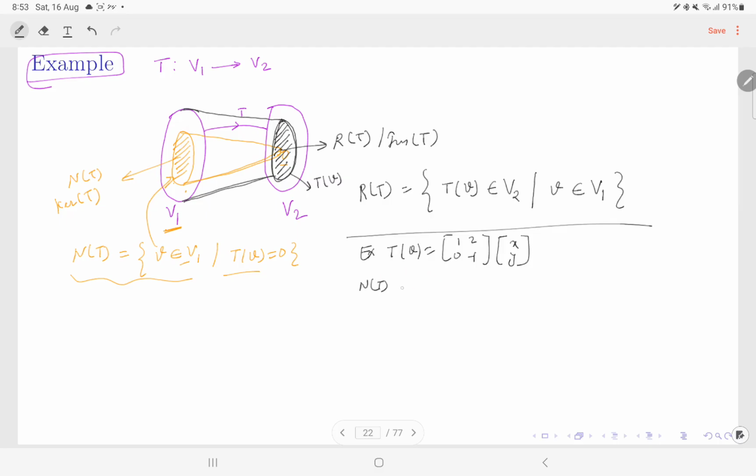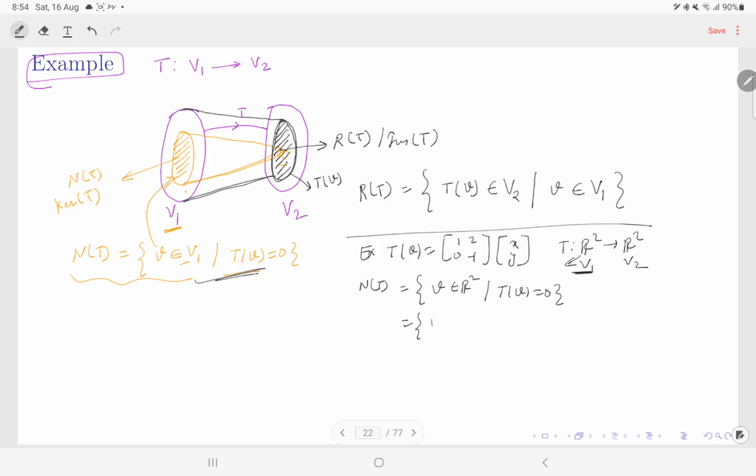Let's start with null of T. We are looking for a vector in R2 because this transformation was from R2 to R2. This is your V1, this is your V2. We are looking for a vector in V1, which is R2, such that TV is equal to 0. Yes, this was the definition here.